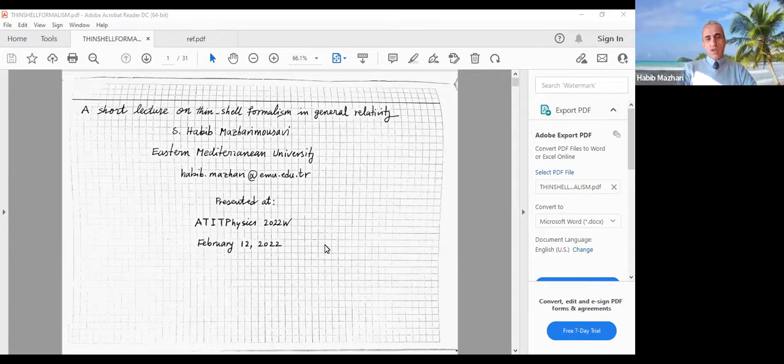Outside the star, suppose it is not rotating, we have the Schwarzschild metric, and inside the star, depending on what kind of fluid or matter we have, we have a different space-time over there as the solution of the Einstein equation. But the thing is, for sure, they should match on the surface of the star.